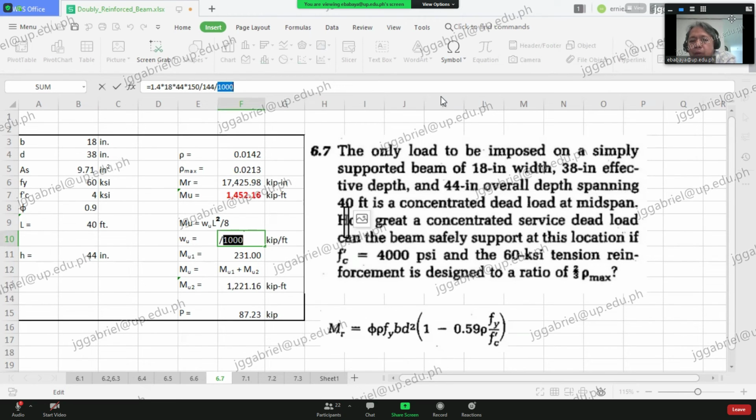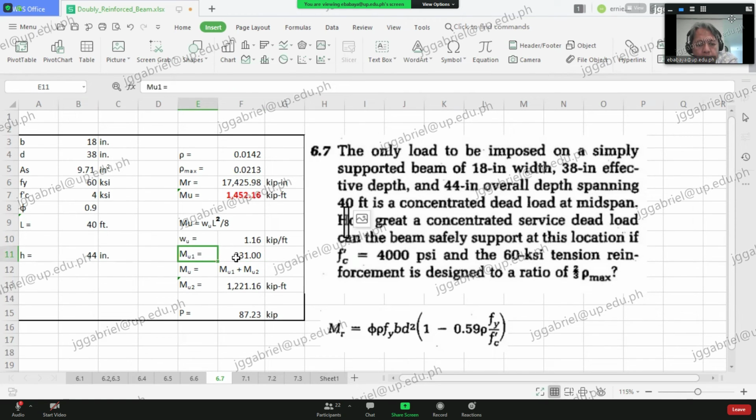You're converting pounds to kilopounds. Okay? So you get 1.16 kip per foot. So resolving for MU1, the ultimate moment given by the self weight, that's 231 kip foot. Okay? This is kip foot.